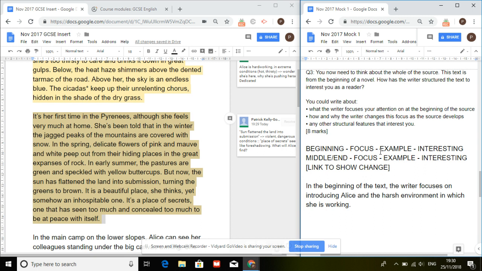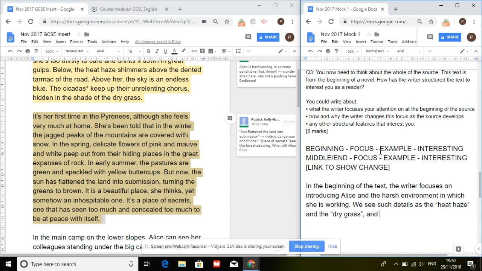Right. So that's my overall point. And now I need some examples of this, just some little bits that would show what I mean by the harsh environment. So we see such details as the heat haze and the dry grass.